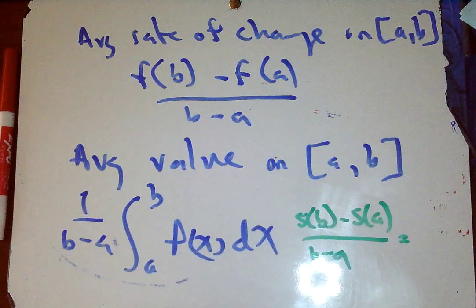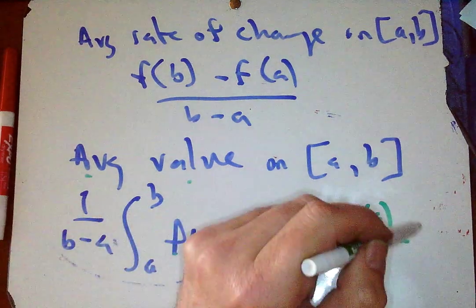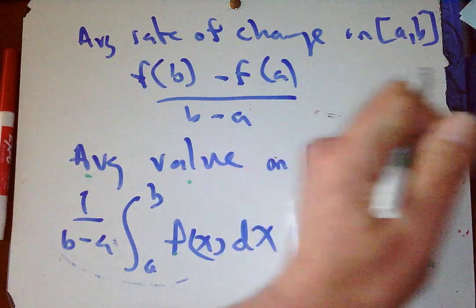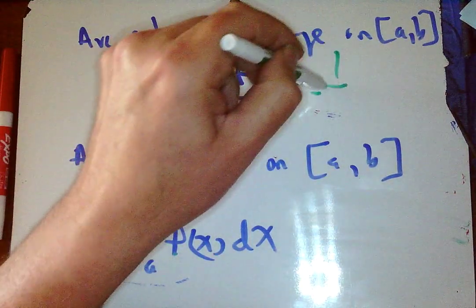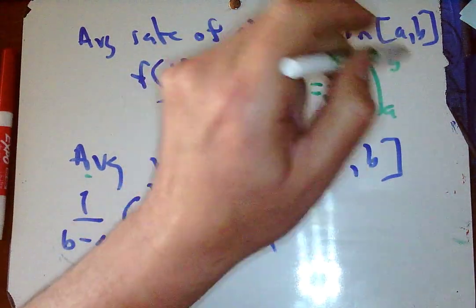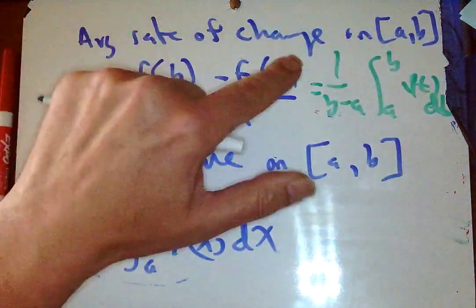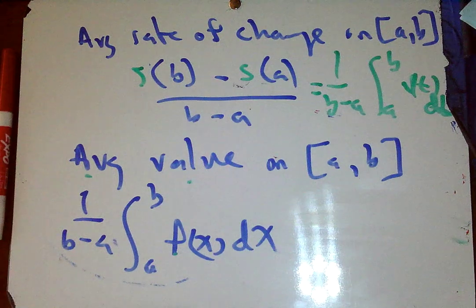And we also know average velocity is the average value, not of position, but of velocity. So I have 1 over b minus a times the integral from a to b of v of t dt, and that's going to be equal to s of b minus s of a.